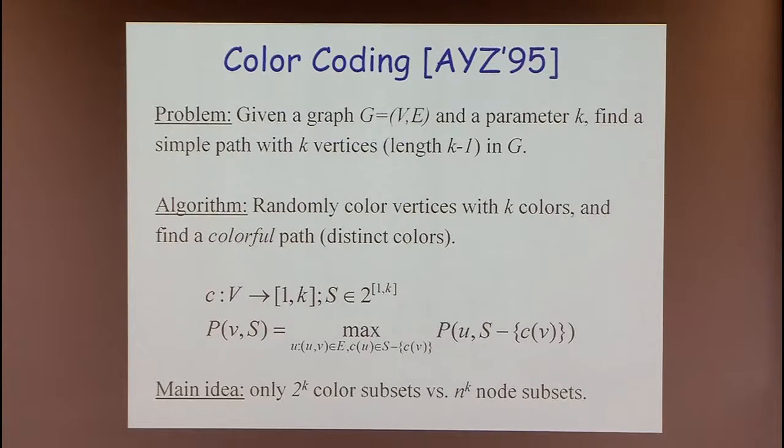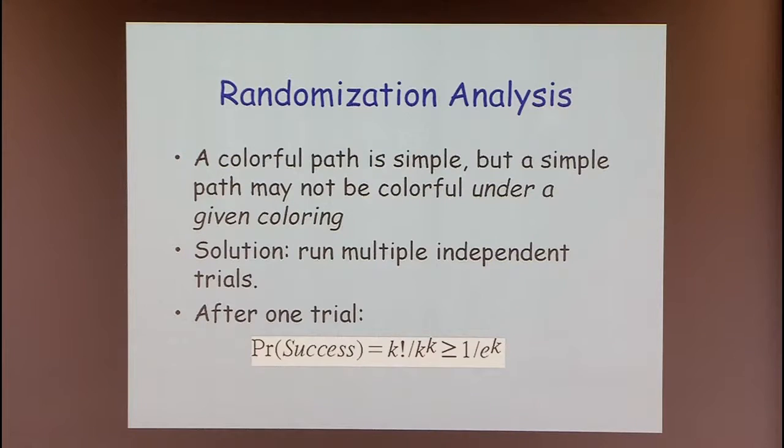But of course, this can only succeed if you manage to color the paths that interest you with really k distinct colors. So what is the chance of that? The chance of that is as follows. There are k factorial colorings of the path that interests you that will give rise to k distinct colors.